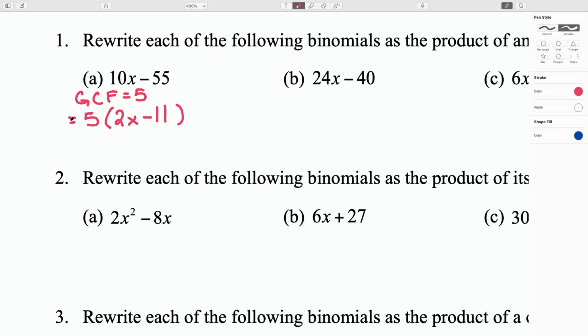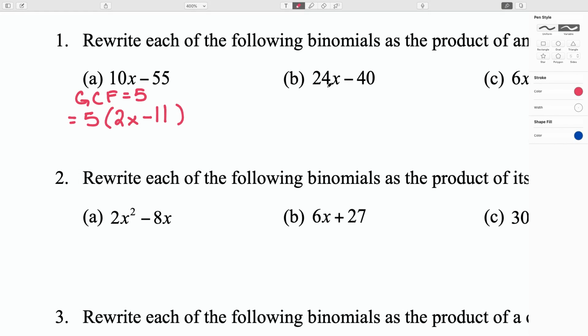So we're done. If we multiply 5 times 2x minus 11, we will do 5 times 2x, which is 10x, and then 5 times minus 11, which is minus 55. So we know that the expression that we just wrote is equivalent, and it's also in factored form.